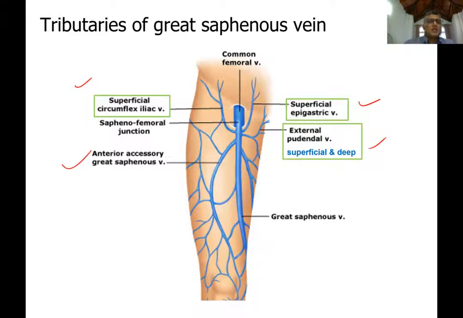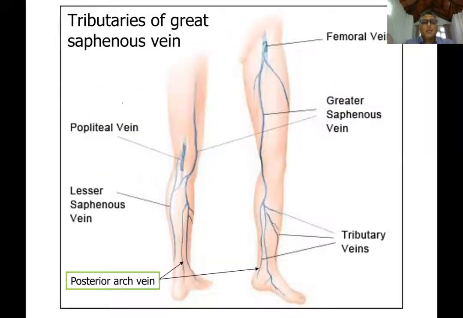Then the superficial and deep external pudendal veins. You have other even larger tributaries like the anterior accessory vein. Then another important tributary to the great saphenous vein, which is clinically important, is the posterior arch vein.